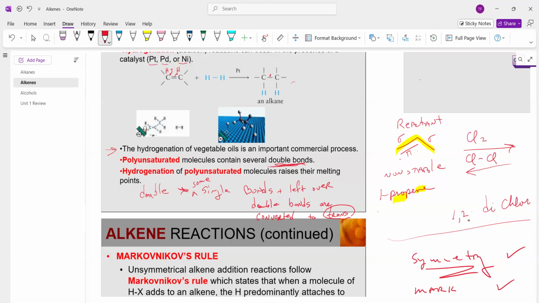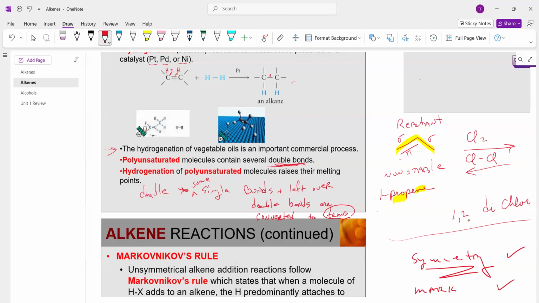And they found out about trans fats, because when this happens, the double bonds are converted to single bonds, but not all of them.